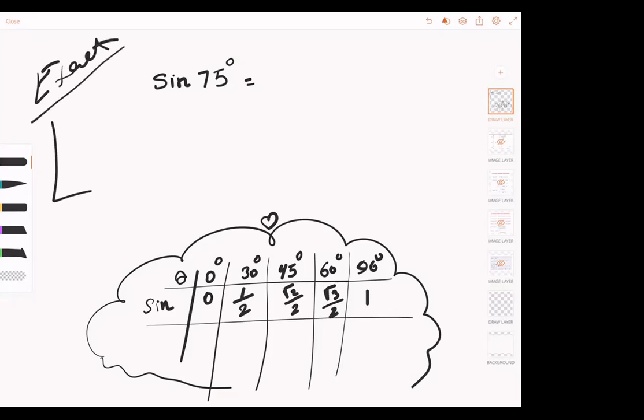Exact means no calculator. Good. Let's ask Elizabeth a question. Elizabeth? Is she here? Yeah. Can you use your calculator? Tell me what is sine of 75 in exact, if your calculator does that. Yeah, one second.